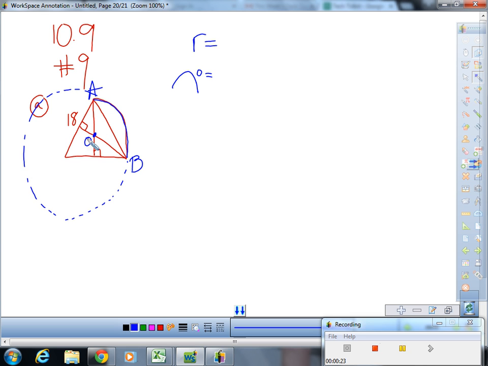So, what we've got is the hypotenuse of a 30, 60, 90 triangle. So, that's going to be 60, 30. That makes this 9. And this whole thing is 9 radical 3.